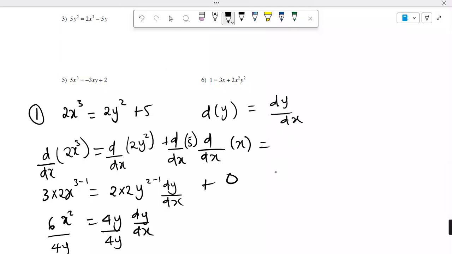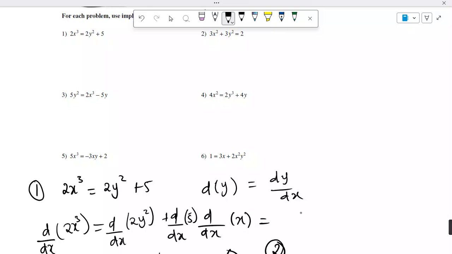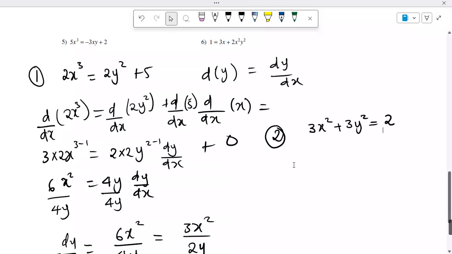So number 2 we have 3x squared plus 3y squared equals 2. Okay, so same stuff. You are differentiating each term with respect to x. So this with respect to x, this with respect to x, this with respect to x.